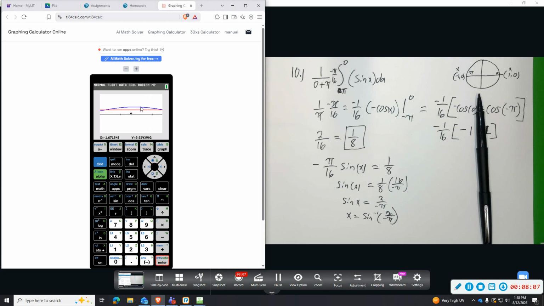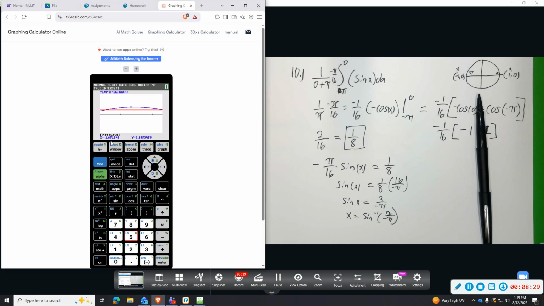Okay, so we kind of see it's crossing twice, and we'll find the intersection. So if we do second and then calculate, and then we can do 5 for intersection. I'm sorry, let me do that again. Second, trace, we're going to do 5. I think I hit the wrong button.